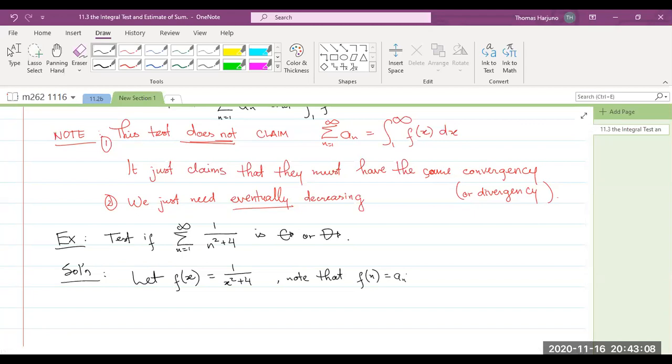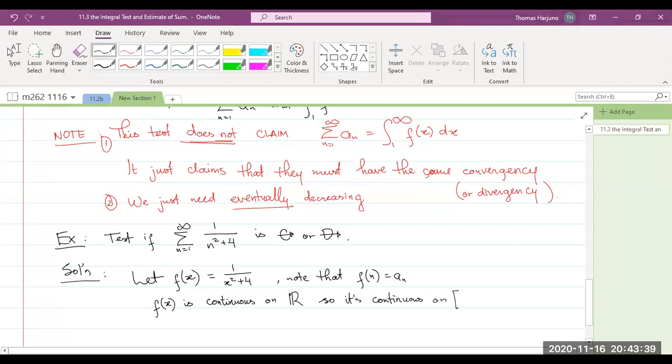Okay? So f(x) is continuous on all real numbers, right? Therefore, it is continuous on 1 to infinity.